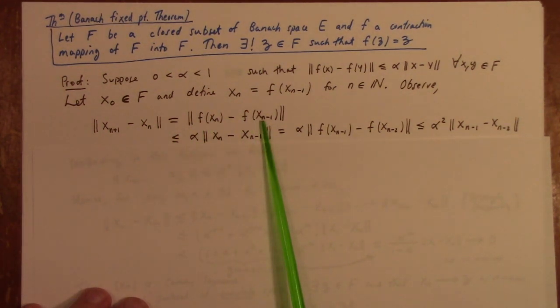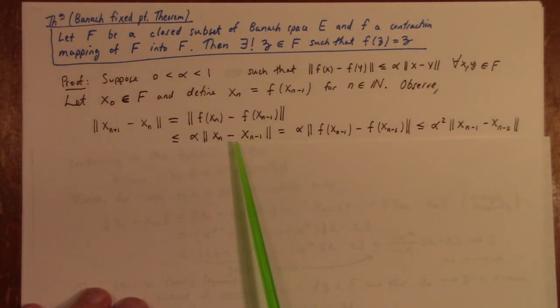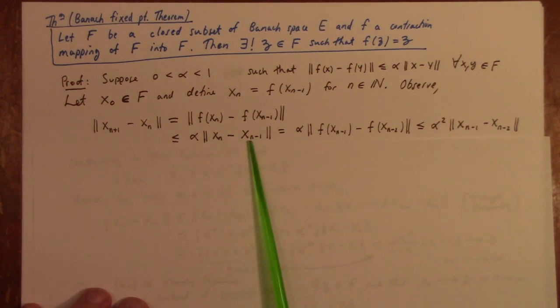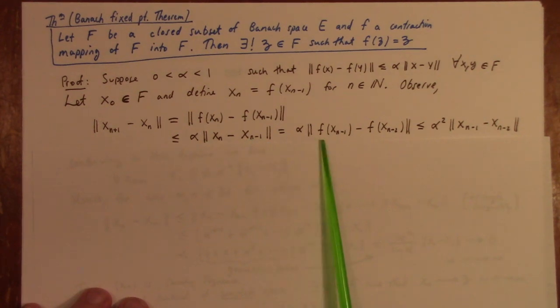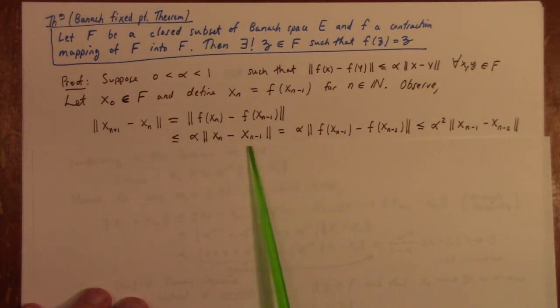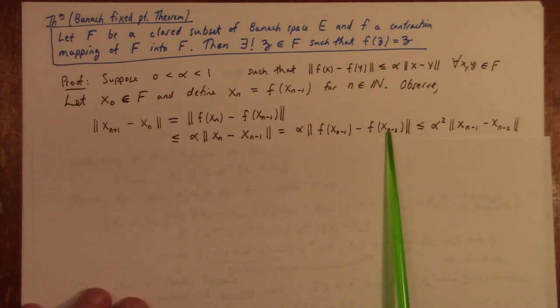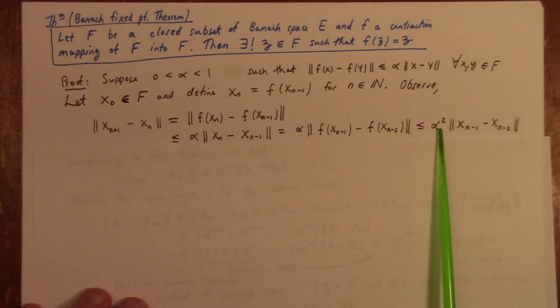But hey, f is a contraction map. Therefore, this is less than or equal to alpha times the norm of the difference of x_n and x_{n-1}. Having done this trick once, we can do it again. Replace x_n with f of x_{n-1} and x_{n-1} with f of x_{n-2}. Again, f is a contraction map, so we apply it again.